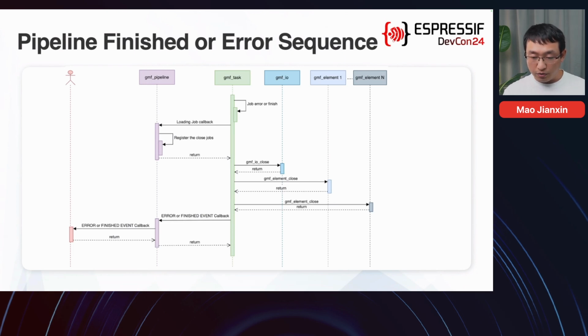The pipeline will then add the closed jobs of the connected elements to the work list. Once all the closed jobs are complete, finished or error events will be sent to the application. After all those operations are complete, the GMF pipeline will stop running.